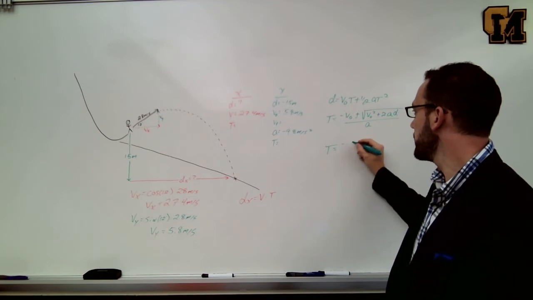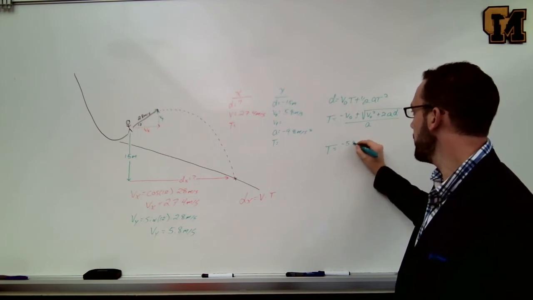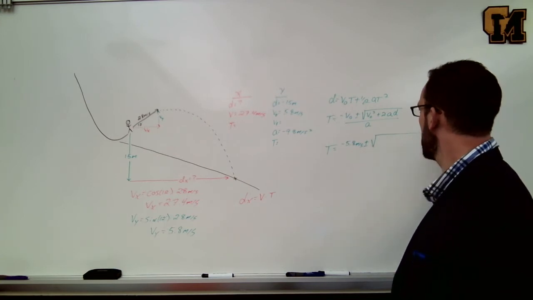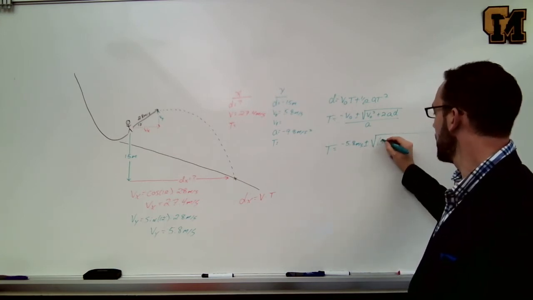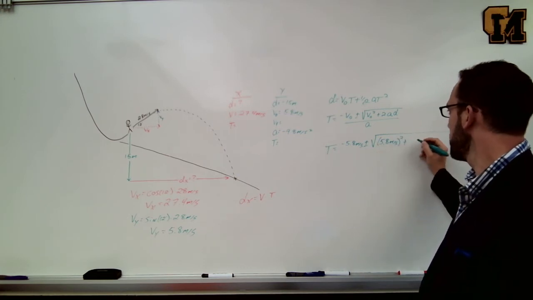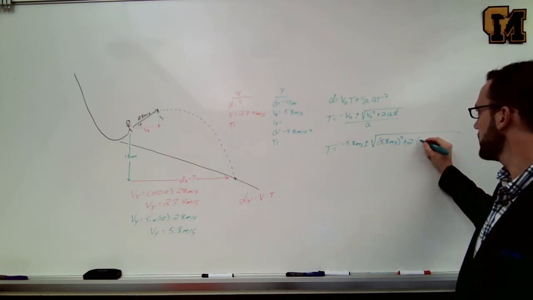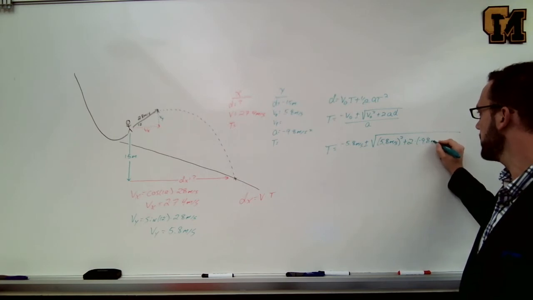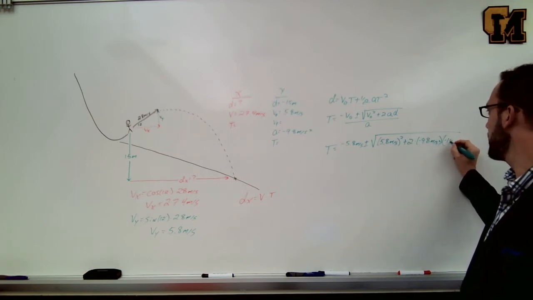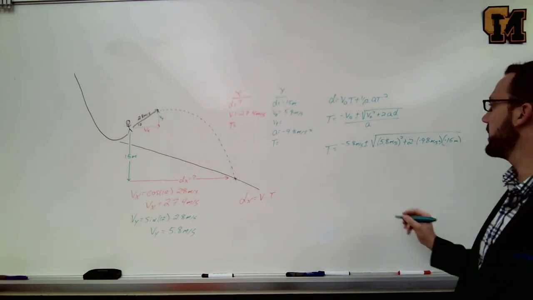So time equals negative 5.8 meters per second plus or minus the square root of 5.8 meters per second squared plus 2 times negative 9.8 times the d, which is negative 15 meters.